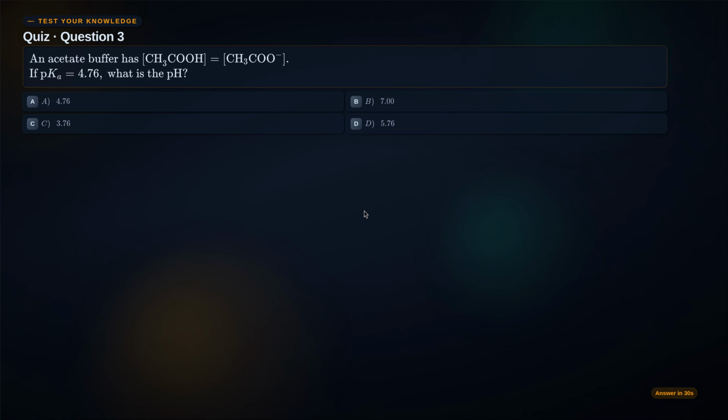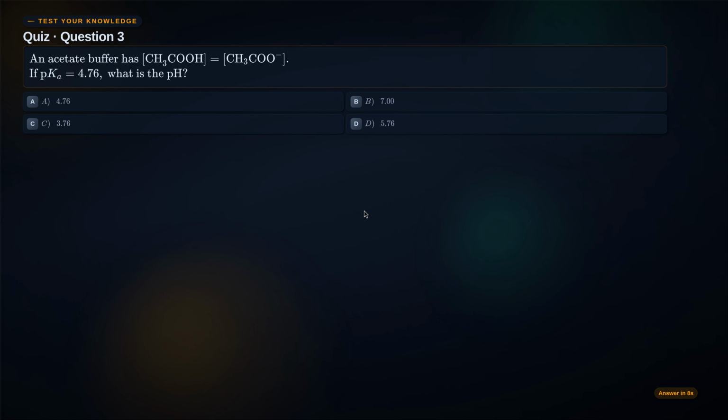Option C, 3.76. Option D, 5.76. Think about what happens when the concentrations of acid and conjugate base are equal.